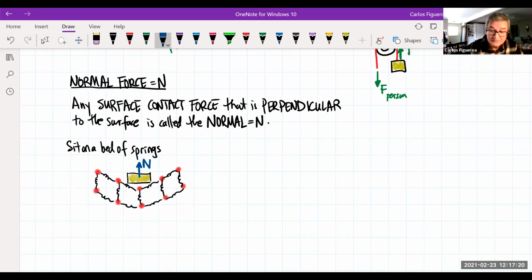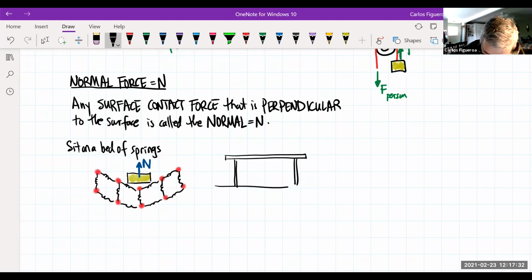So what do I mean by this? Well, imagine that I have a tabletop. Here's my table, and I'm going to put two different blocks on it: a smaller block, and then a larger block. When you look at these blocks, each of them has a different weight.